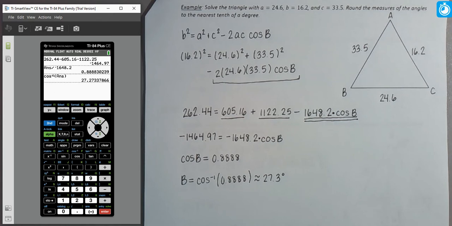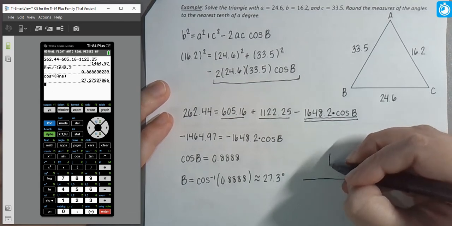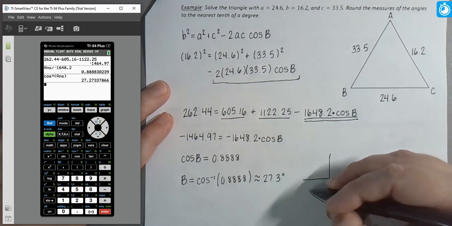Now you may be asking the question, do we have the same issue here that we had with inverse sine? So we applied the inverse sine and we ran into a situation where we had potentially 2 different answers. Well, that's not going to be a problem here. So if you think about what happens with the cosine function, think about the unit circle.